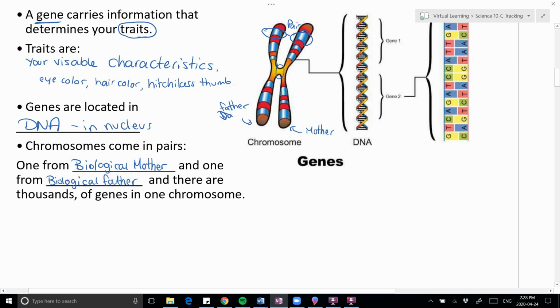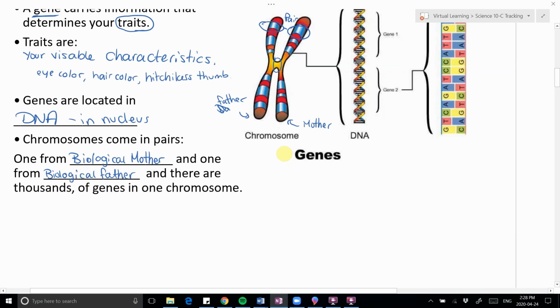So what that means is for every gene, for every protein in your body, you actually have two sets of DNA. So you have two sets of what that trait could look like.